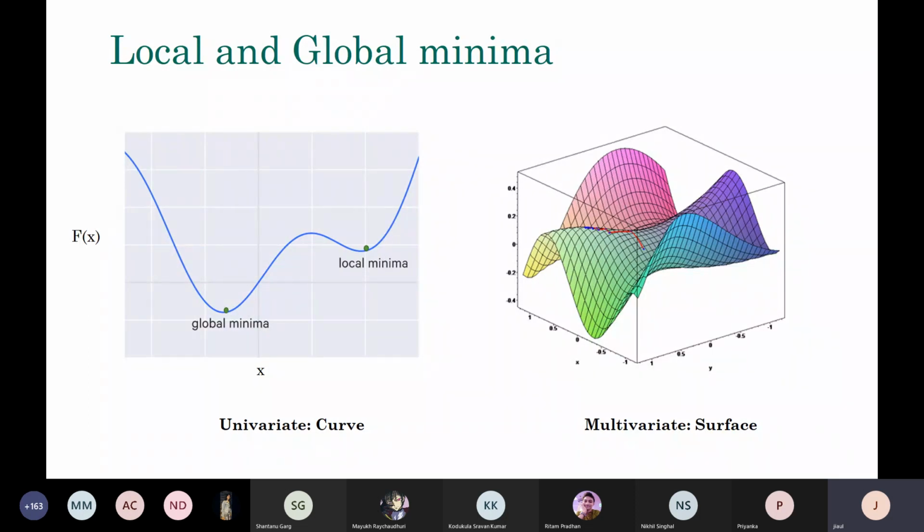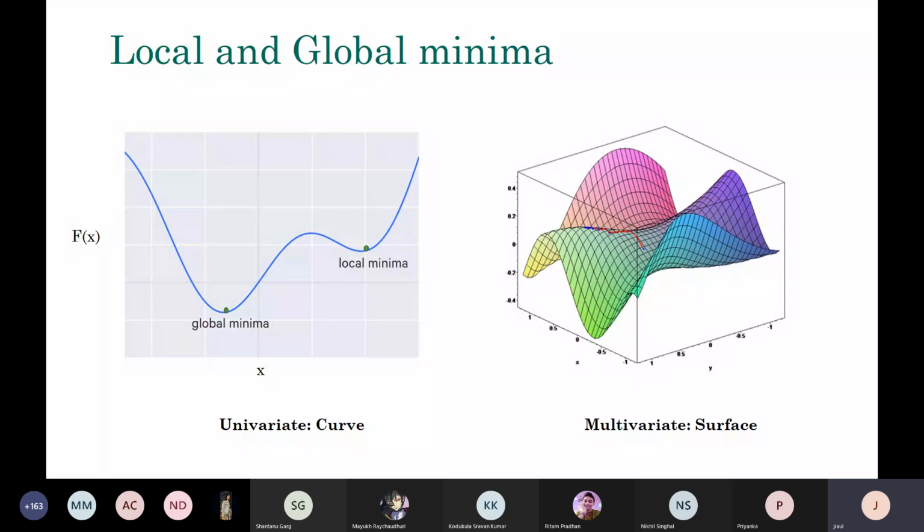Similarly, when we are dealing with multivariate functions, something like what we typically deal with in all deep learning and machine learning, it's all multivariate functions depending upon the number of parameters that you have. So you are dealing with a surface, rather than a simple curve. And the surface becomes much more complicated than the univariate curves.